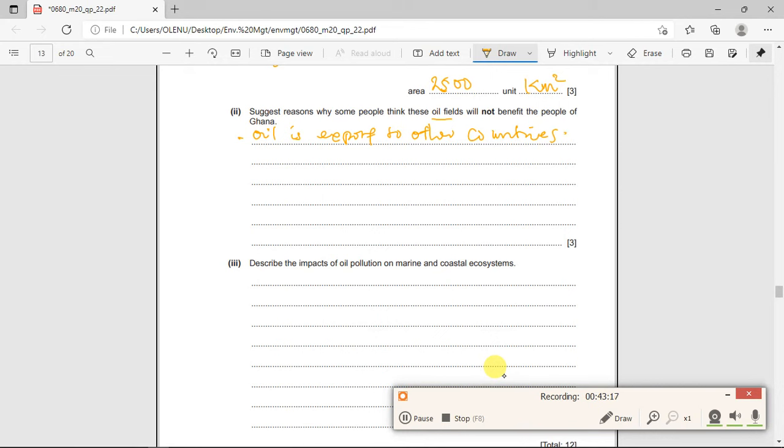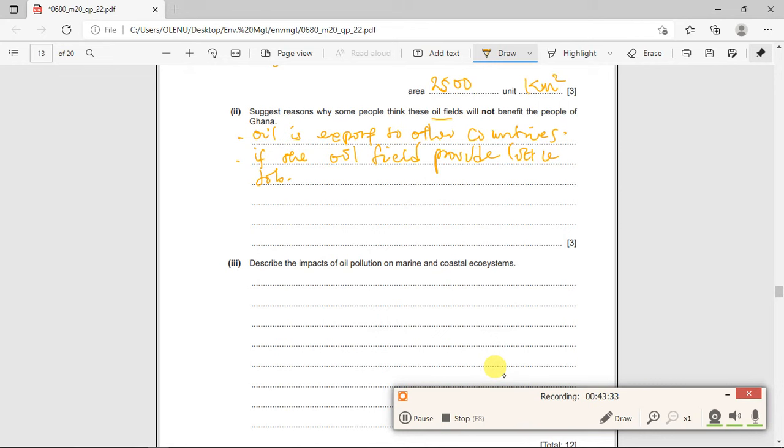Another thing is if the oil field will provide few jobs.